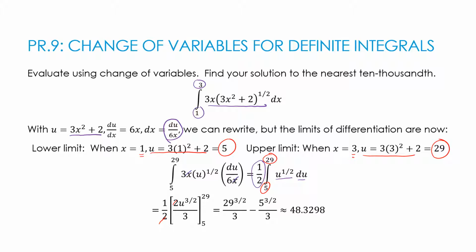These guys cancel, and now I'm plugging in 29, and I'm plugging in 5. So again, using those new limits of integration helps me to find the answer more easily. And when I'm done, I end up with 48.3298.